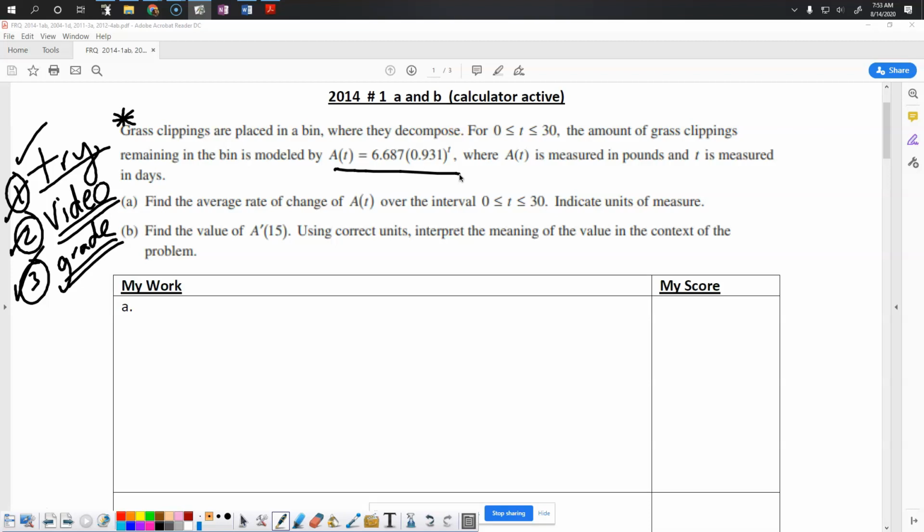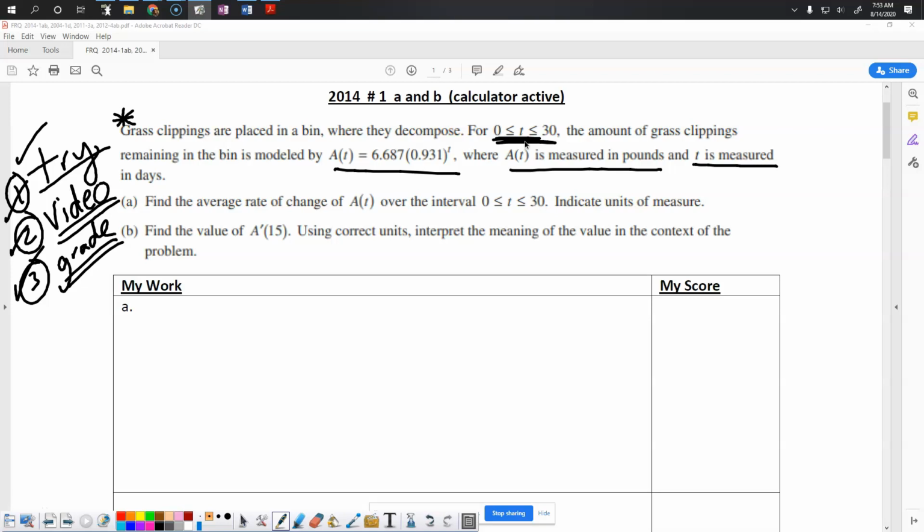But what this is saying is that, okay, we have two variables. We have pounds of grass, and we have time measured in days. And up here they're telling us that we're going from 0 days to 30 days. So basically we have somebody who's mowing lawns, and they're throwing these grass clippings into basically a giant trash can for a 30-day period, an entire month.